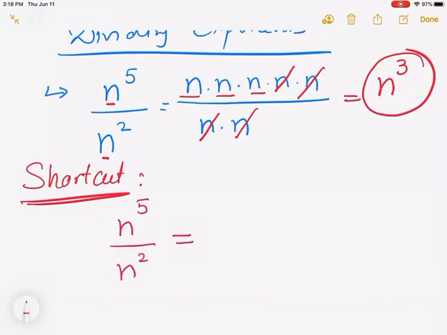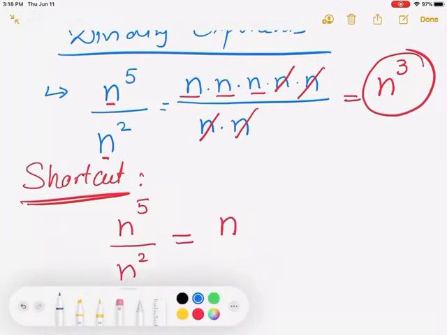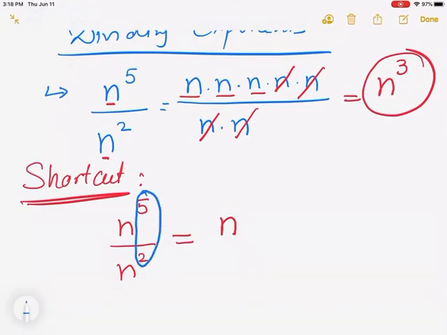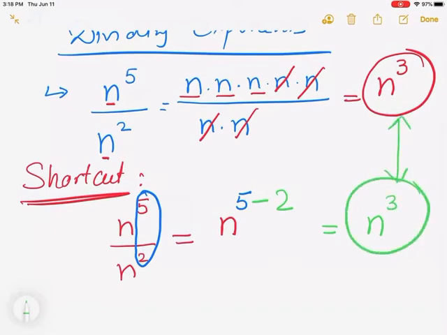I would just keep the base the same, so n would stay the same, and you just take the exponents and subtract. So 5 minus 2. N would stay the same, 5 minus 2 would be 3, and isn't it the same answer? That's just a shortcut. Anytime you see same base dividing, you can just take the exponents and subtract. Find the difference, that would be your answer.